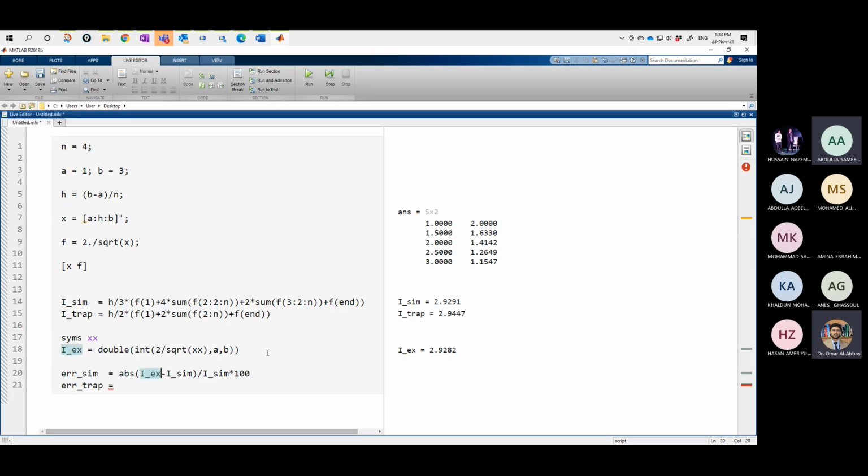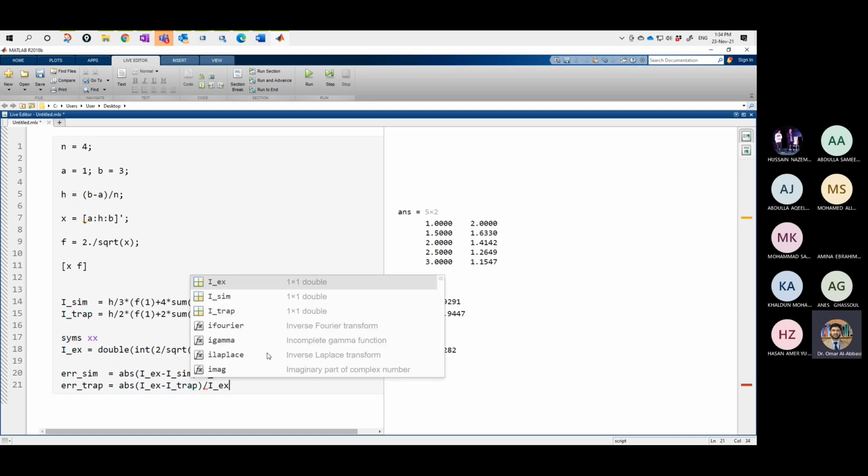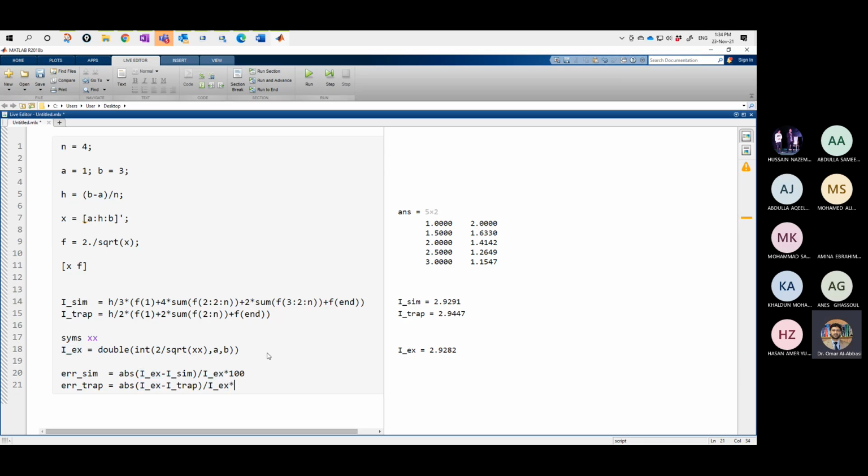Oh, yes, you're right. We divided that by the exact value. Absolute value of I exact minus I trapezoid divided by I exact times 100, and we can then compare both of them.